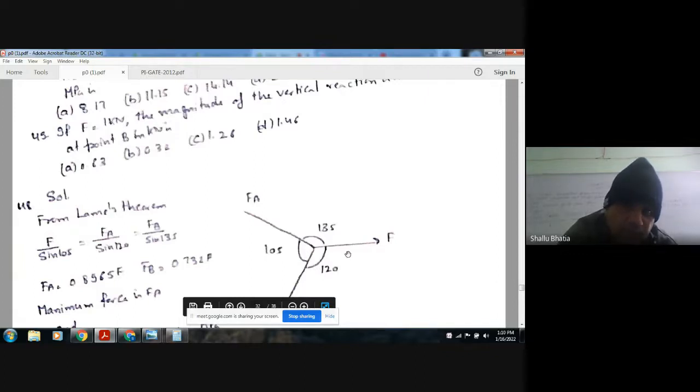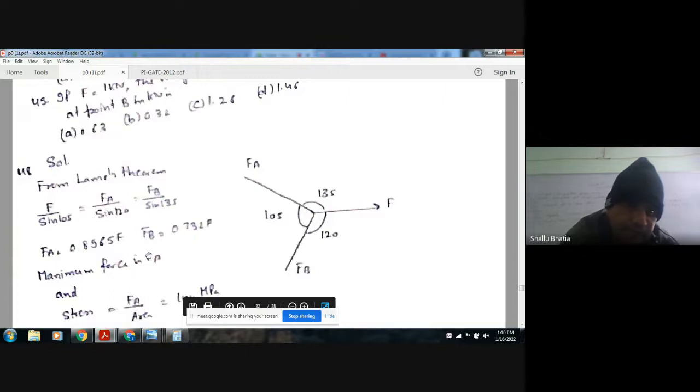Then using Lami's theorem, F by sine 105, FA by its sine, and FB by its sine, we get FA as 0.8965F and FB as 0.732F. We can see that the maximum force is occurring in member A, so the maximum stress will also occur in this member.